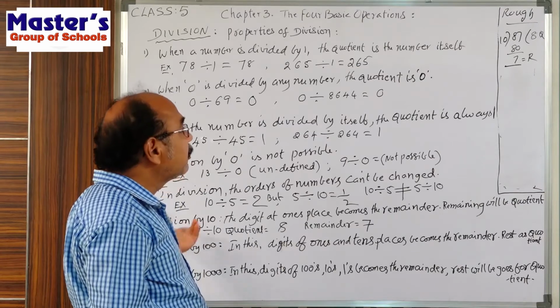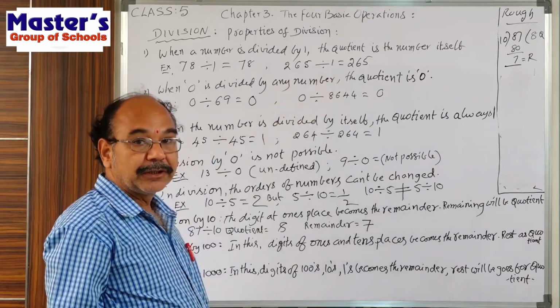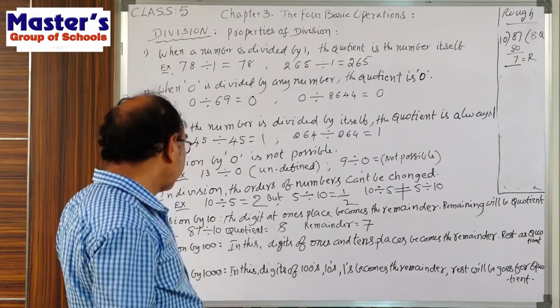The remaining digit is 8, so 8 becomes the quotient. That is division by 10.